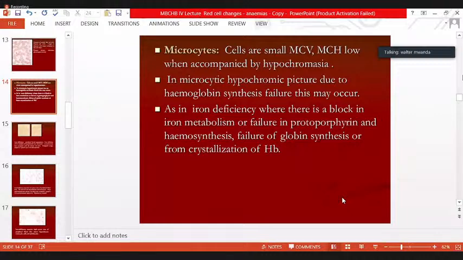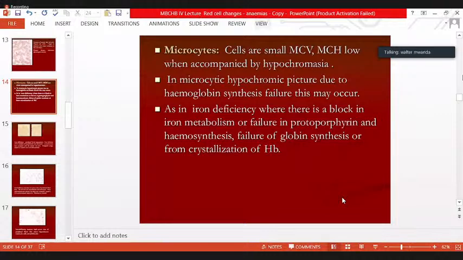I want us to take note of that. Therefore, there are a variety of causes of microcytosis. Iron deficiency is just one of them. Wrong iron metabolism is another one. Failure of protoporphyrin is a third one.